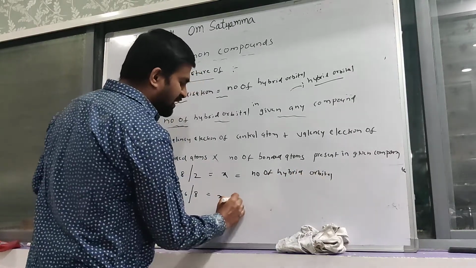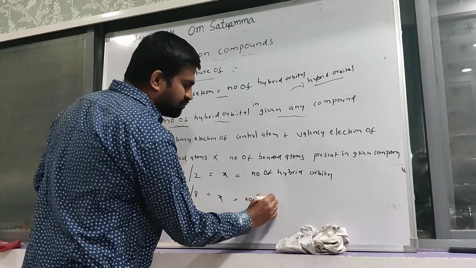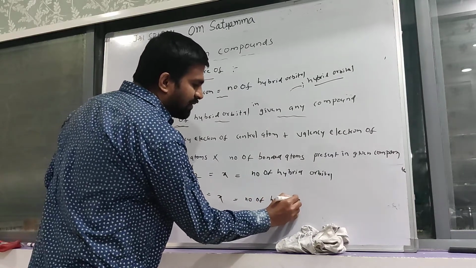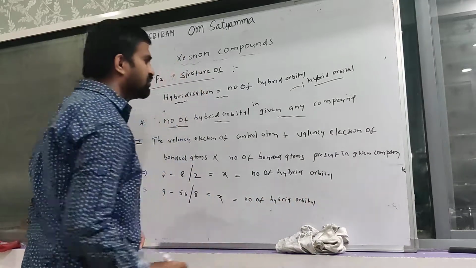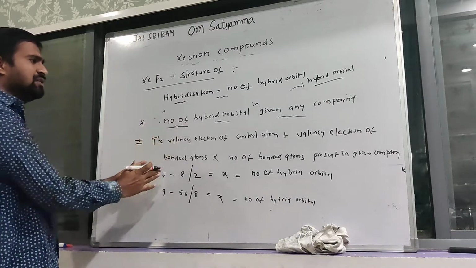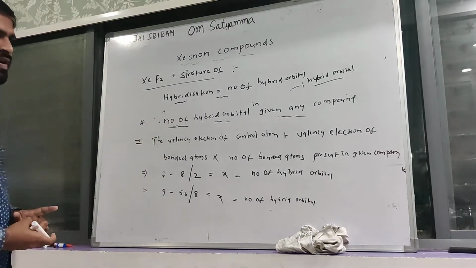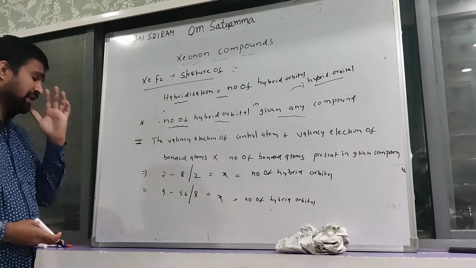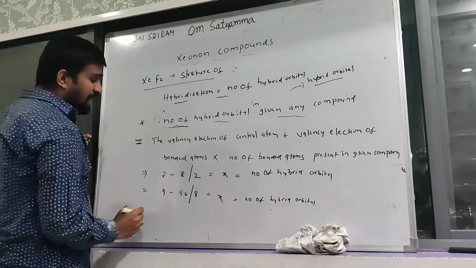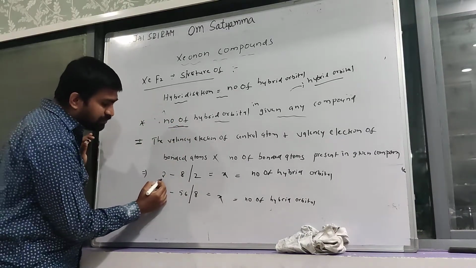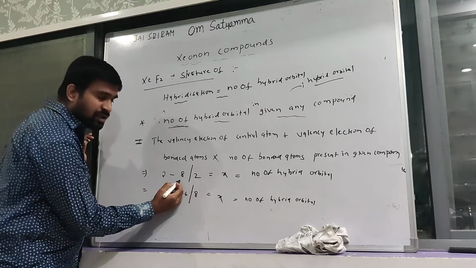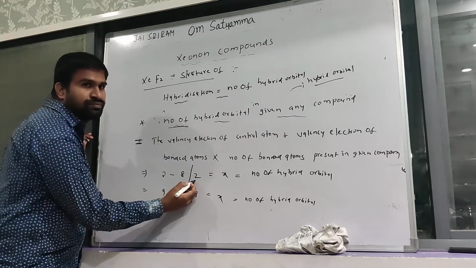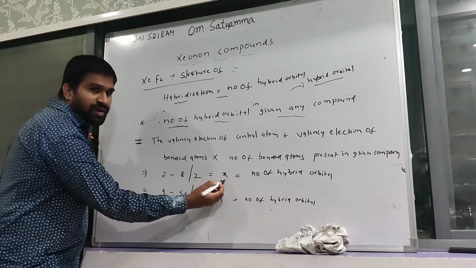Clear? From the above expression, some value comes. If that value is between 2 to 8, divide this value by 2, and it gives some value.